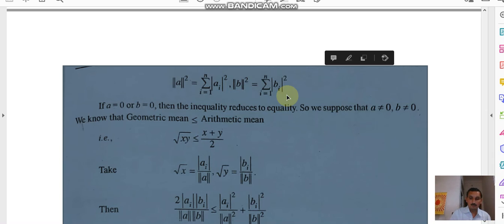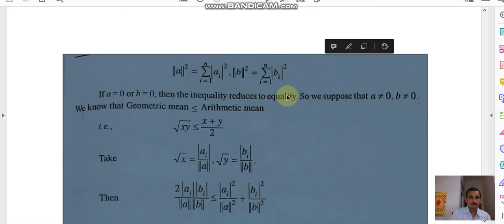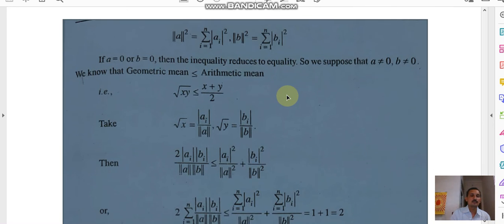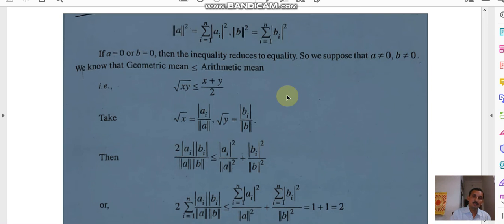In particular, the types of norm we will see in the next chapters. Here we are using the property of algebra of numbers that the geometric mean of two numbers is always less than or equal to the arithmetic mean. So if x and y are numbers, then the square root of xy is less than or equal to (x plus y) by 2.